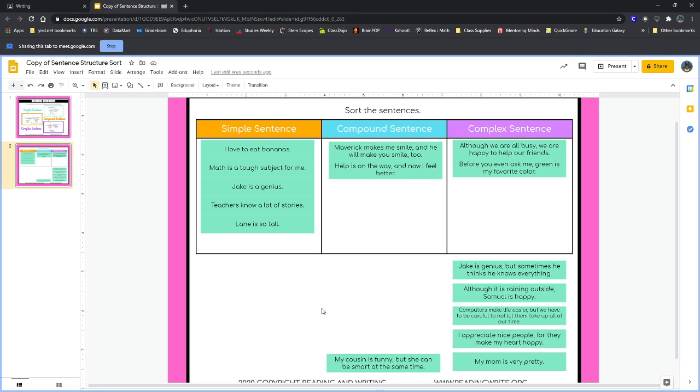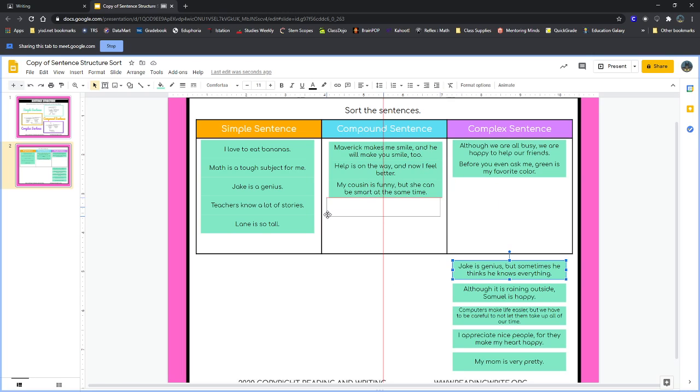Violet? Compound sentence. It's got that comma and the conjunction. Jake is a genius, but sometimes he thinks he knows everything. Kylie? Another compound sentence.